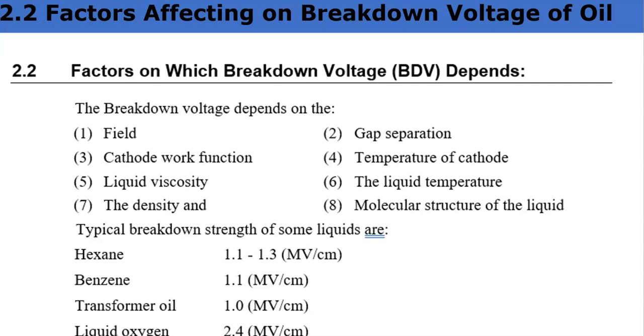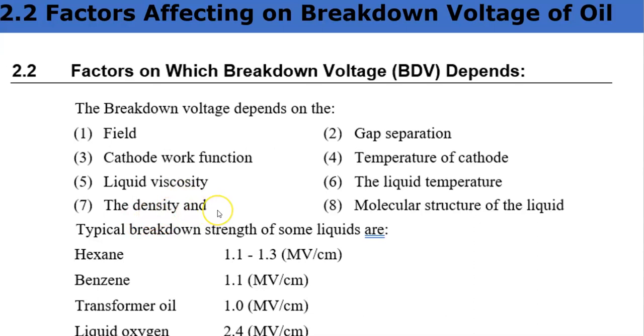But if the liquid is viscous, cooling will not be proper, because viscous means the cooling effect will not be too much, as the liquid is not able to move between the two parts, and temperature will increase. And if the temperature of the parts and liquid increases, then again breakdown will happen earlier. So we do not want viscosity too high or too less. Viscosity should be optimum. So this again has both effects. Which is predominant over what, that is very important. So we will say optimum viscosity.